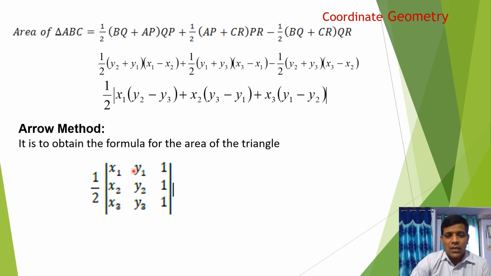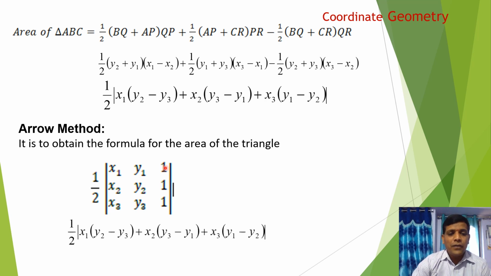This is written as y1 into 1 minus y2 into 1. So this is also written as half into x1 into (y2 minus y3) plus x2 into (y3 minus y1) plus x3 into (y1 minus y2). So this is also the area of a triangle. Same formula, but by the arrow method.